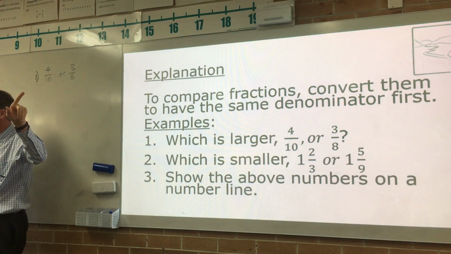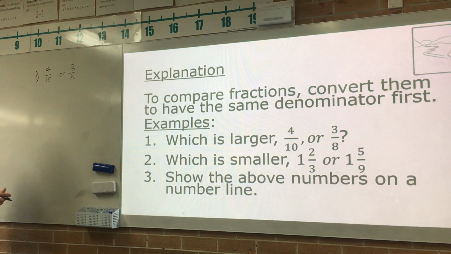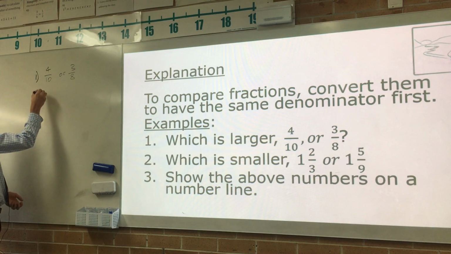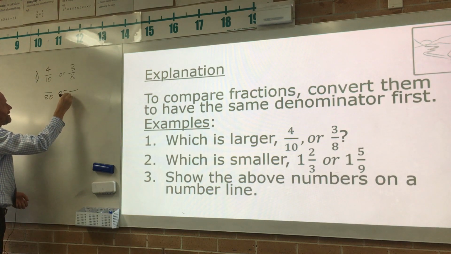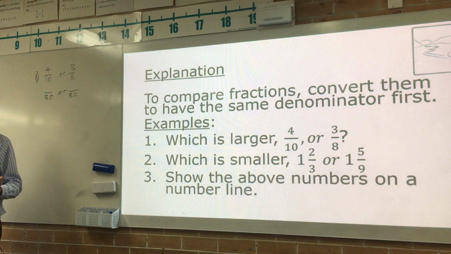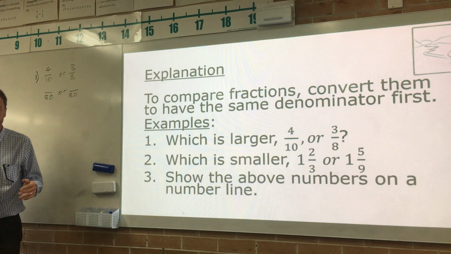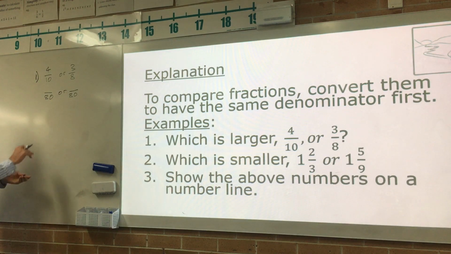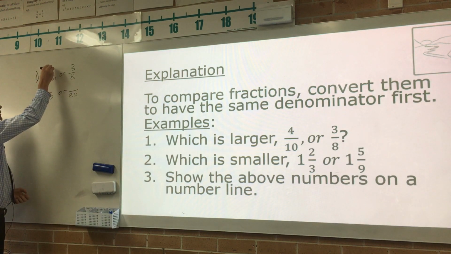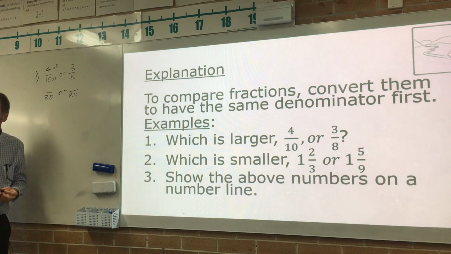Who can tell me very quickly what's 10 times 8? The answer is, you're right, 80. So I'm going to have 80 on my bottom, my denominator. Now, with this fraction, I've multiplied by 8 to get to 80. So I must do the same to the top.